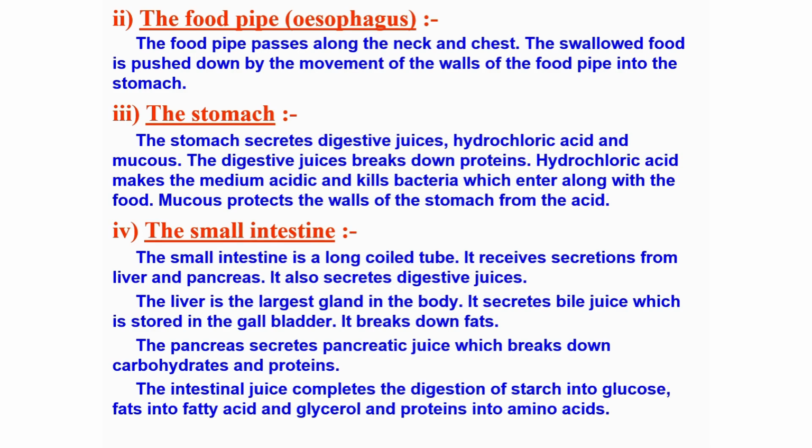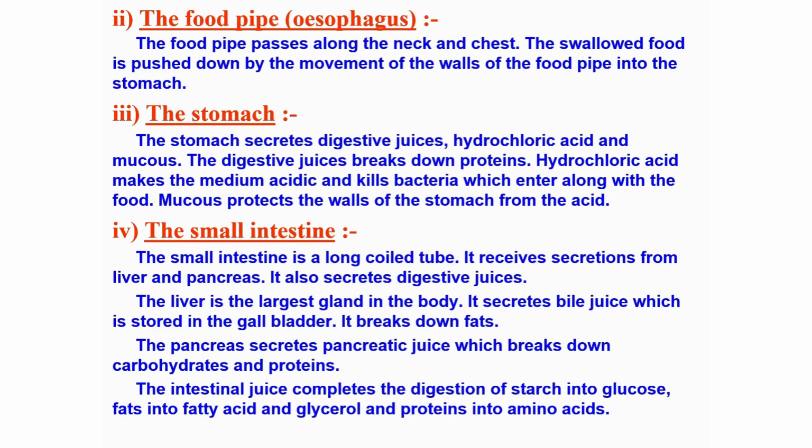The small intestine. The small intestine is a long coiled tube. It receives secretions from the liver and pancreas. It also secretes digestive juices. The liver is the largest gland in the body. It secretes bile juice, which is stored in the gallbladder.